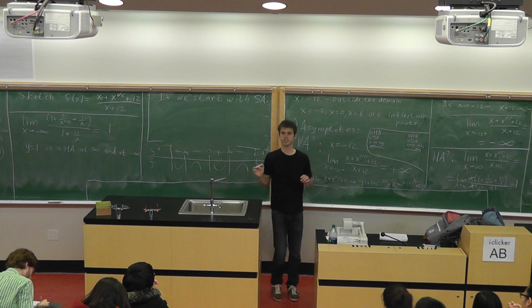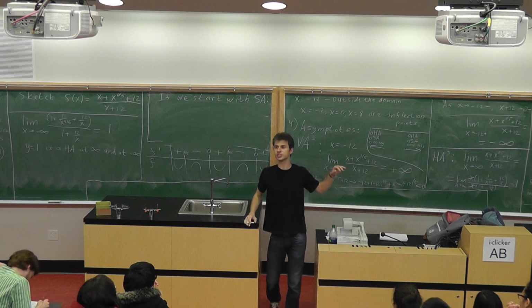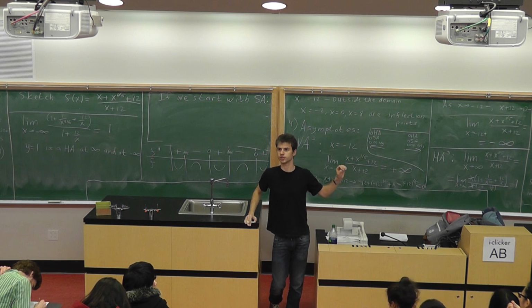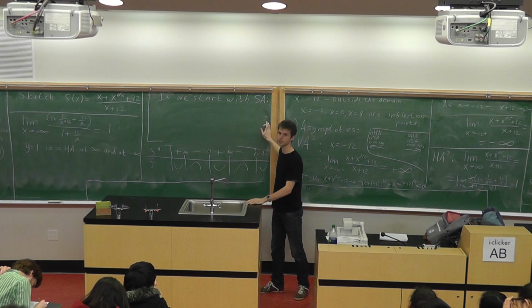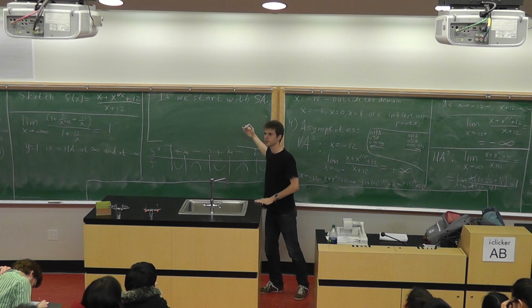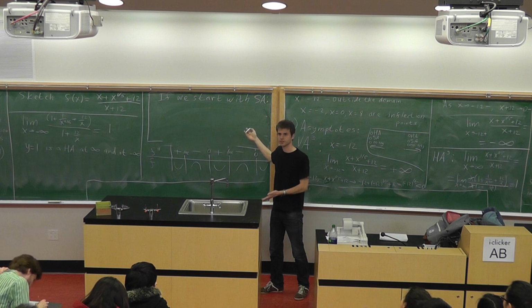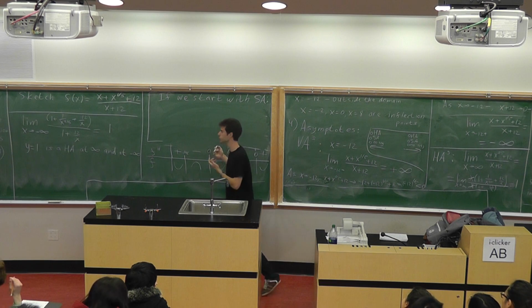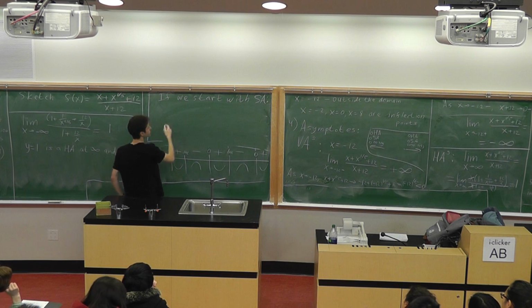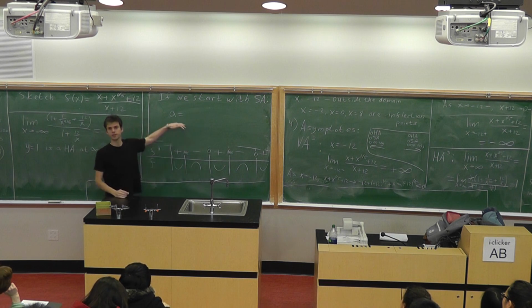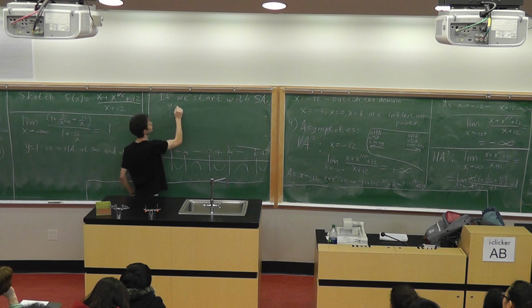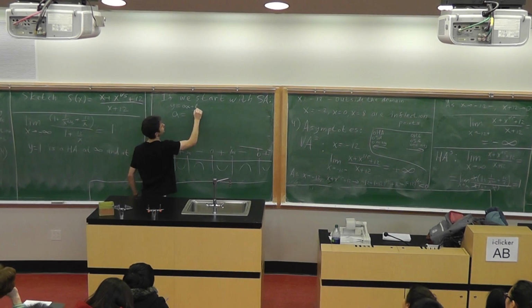So the question was, suppose we were that smart and we didn't start with horizontal asymptote. Suppose we were to start with a slant asymptote. What would we do then? Well, it's a natural question. I mean, will it work or will it not work? And the answer is, in fact, it will work. Let's try. We'll have to find something of this form: y is ax plus b.